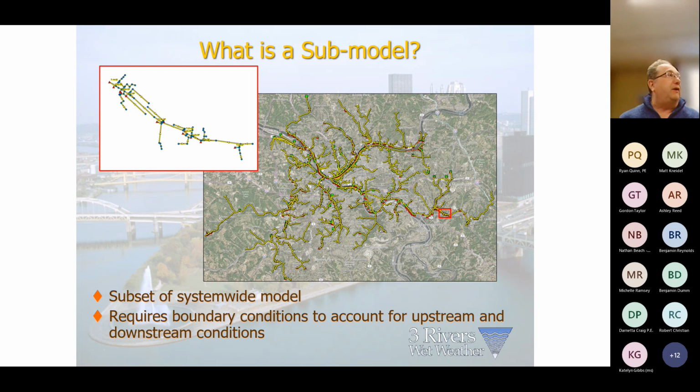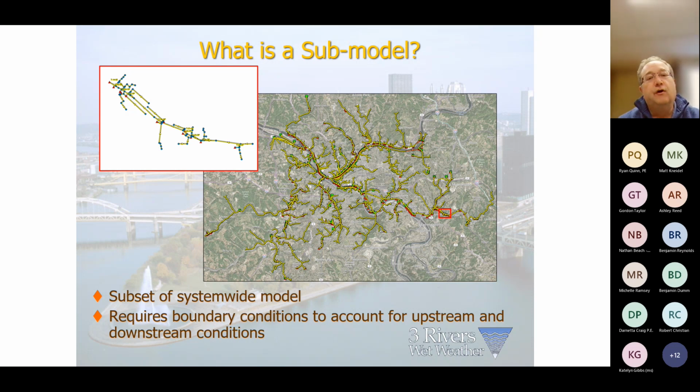As we just talked about submodels, we've created some submodels to make it easier to run these models. It's a subset of that system-wide model that Elksan uses. Keep in mind that to run the full system-wide model takes 2.5 days or so to run a typical year simulation. So while it's a very powerful tool, if you're only trying to look at one small area, it takes a lot of computational power and time.